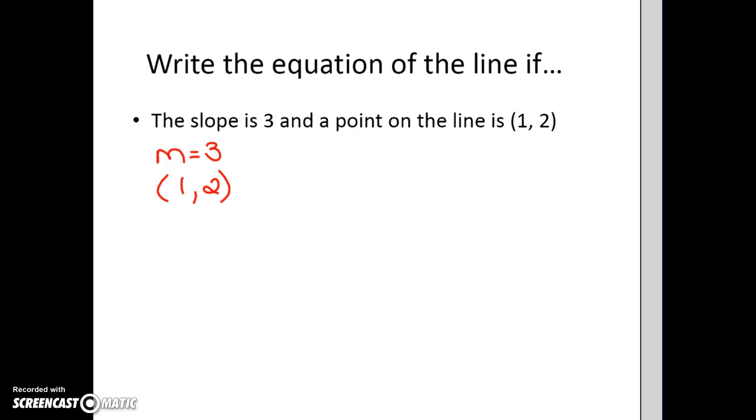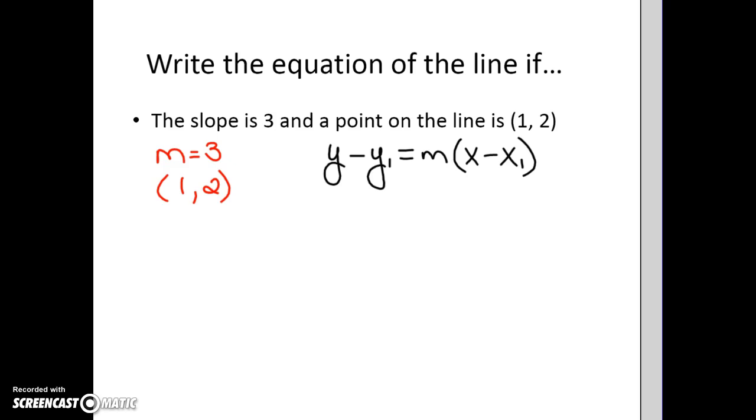So we will use the equation of point-slope form, y minus y sub 1 equal to m times the quantity x minus x sub 1. We know from our notes that we keep the y and we keep the x.